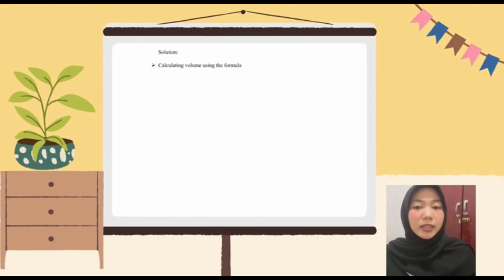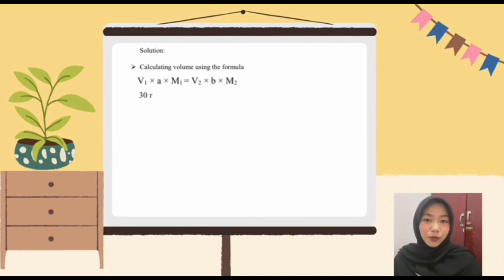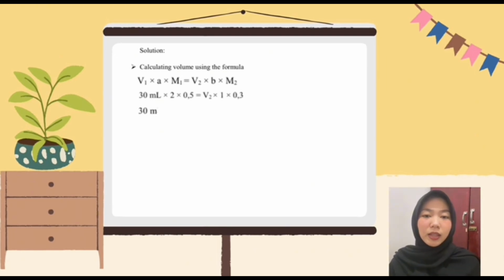To solve this problem, we use the formula V1 times A times M1 equals V2 times B times M2. V1 is 30 ml multiplied by A is 2 multiplied by M1 is 0.5, equals V2 multiplied by B is 1, multiplied by M2 is 0.3. So, we get 30 ml equals V2 times 0.3.